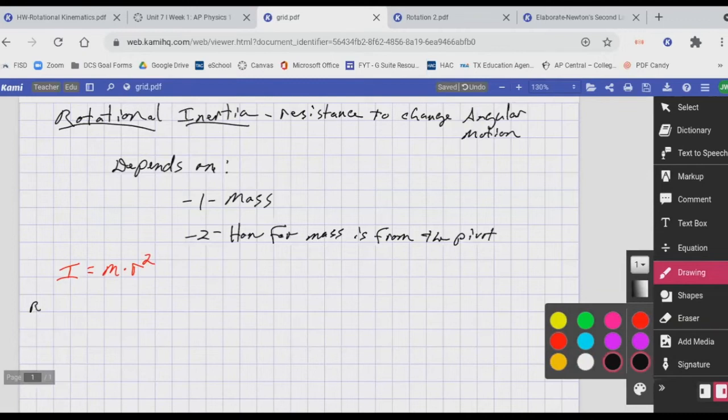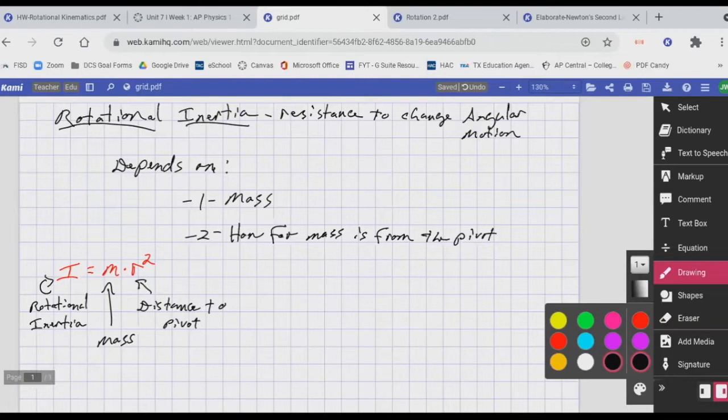So rotational inertia, that's the I. Mass is the M. And then the distance to pivot, that's the R.